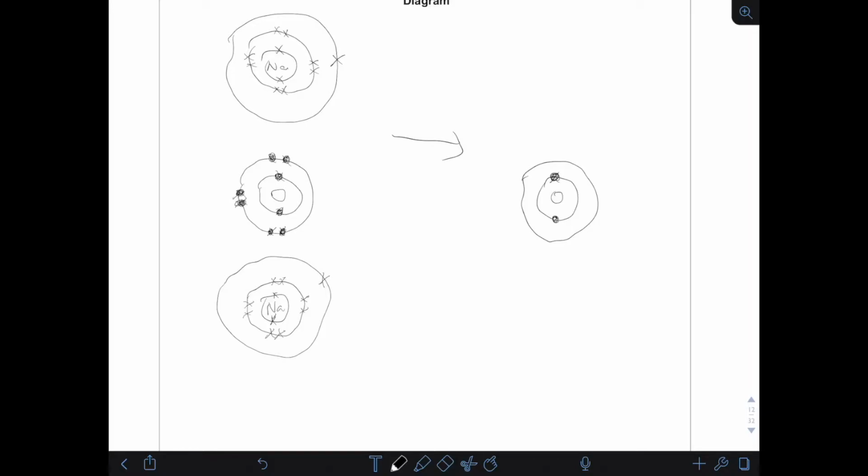What you want to have is essentially 8 valence electrons, but 2 of them for the oxygen are robbed from the sodium, whereas the 2 sodiums have now lost their outermost valence shell.